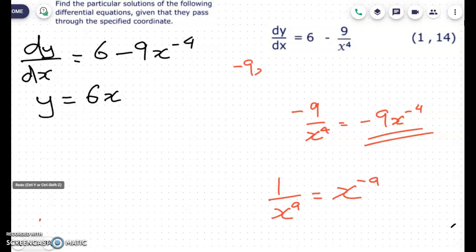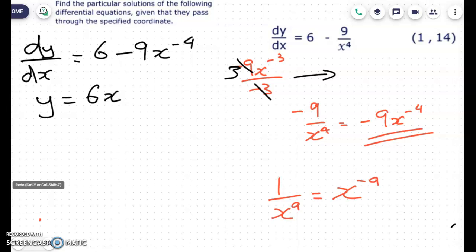Negative 9x to the power of negative 4. Sorry, negative 4. If we add 1 to negative 4, that becomes negative 3, and divide it by negative 3. So in this case, using the formula makes it a bit easier. And so then, of course, negative 9 divided by negative 3 equals positive 3.